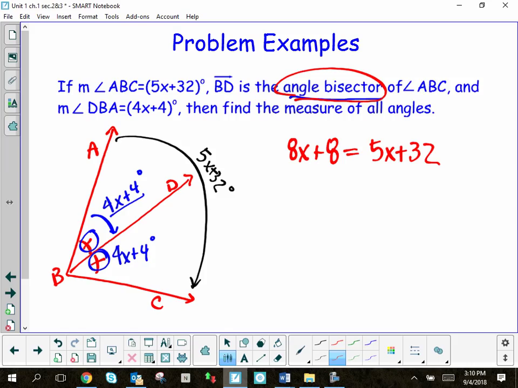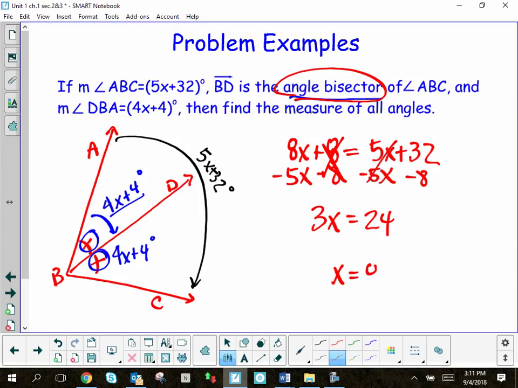Let's do some algebra. I'm going to minus the 5x, and I'm going to minus the 8. So then I get 3x equals 24. 3 goes into 24 8 times. So now I want to plug it back in so I can determine each angle. I'll just plug it into this large one, ABC.